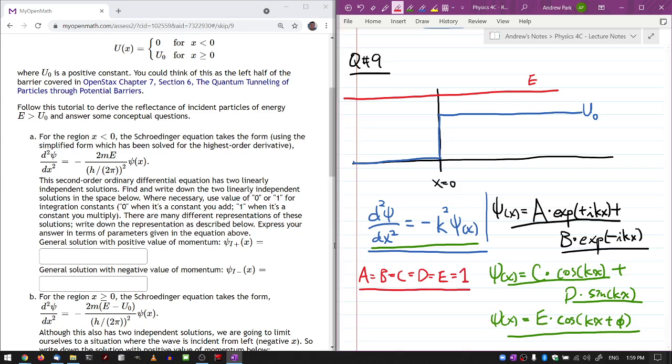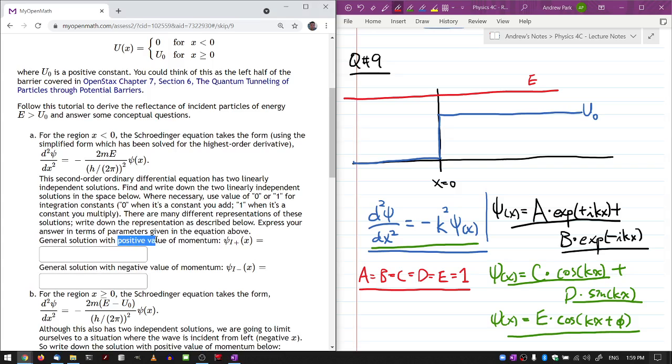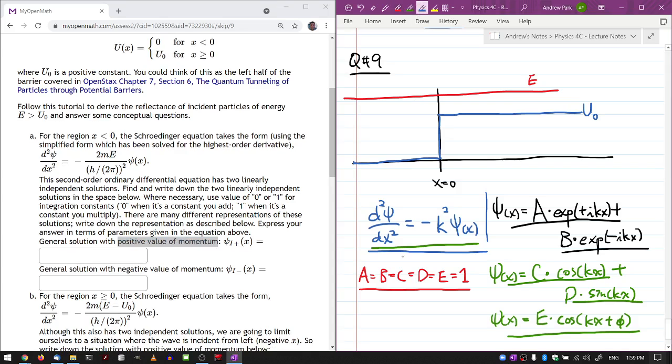And then here it says general solution with positive value of momentum. This is where it helps to remember the momentum operator. The momentum operator is minus i times h bar times the derivative with respect to position.